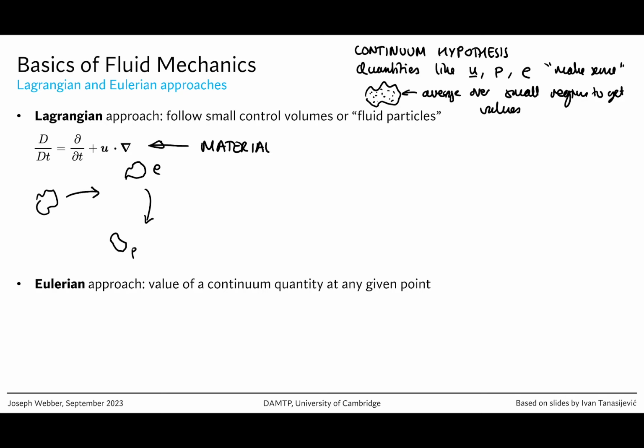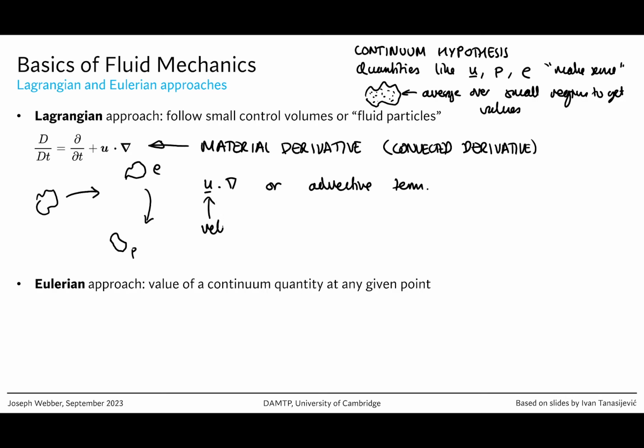And the material derivative, which is also known as a convected derivative, has two components. It has a component due to things just changing in time, this partial derivative with respect to time here, but it also has a u dot grad or advective term. And this encodes changes in material properties due to this fluid parcel moving, because u here is the velocity field.